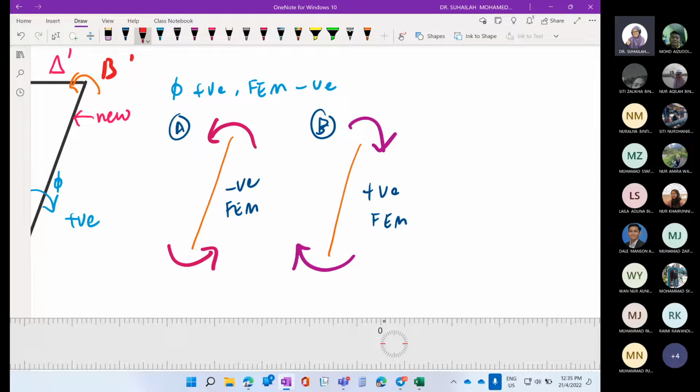FEM for AB must be assumed as a negative value to represent the behavior, the moment we apply to remain stable. So we have to apply the right sign, and the right sign in this condition is negative, to push back the new position, B prime, to the original position.